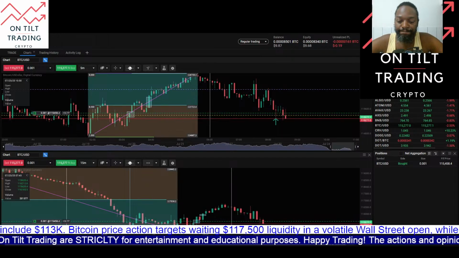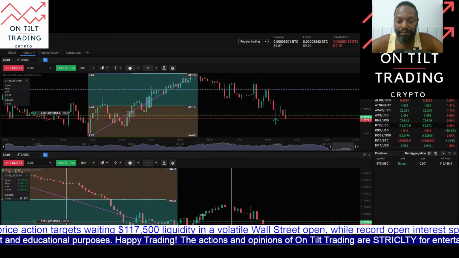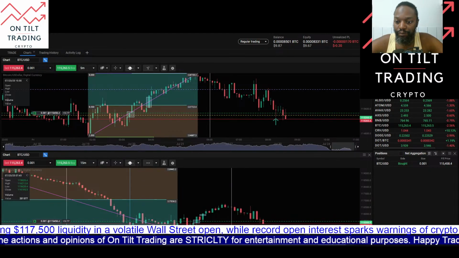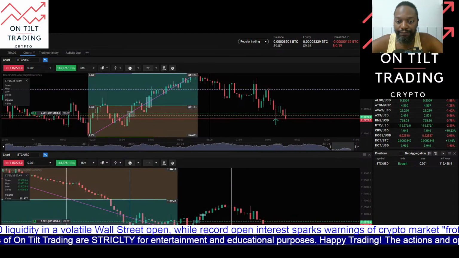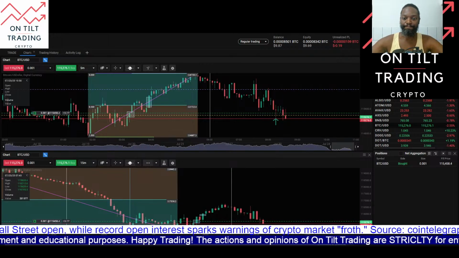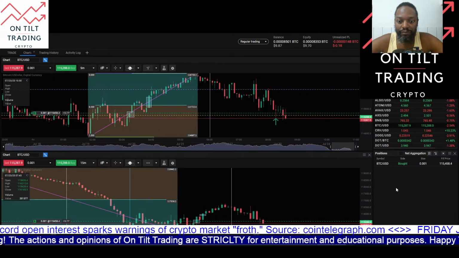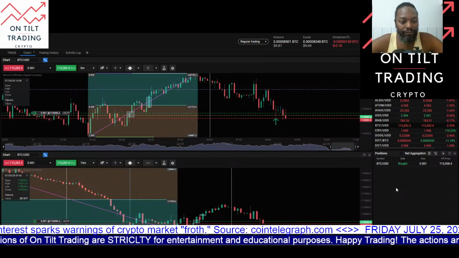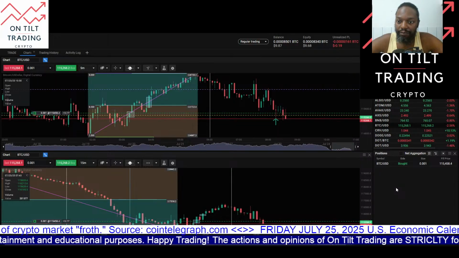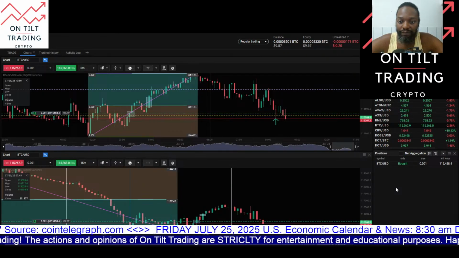$115,280 currently. Price testing the previous 5-minute low. And sell side delivery here. Consolidation. So not the type of reaction that I want to see trading into a fair value gap.